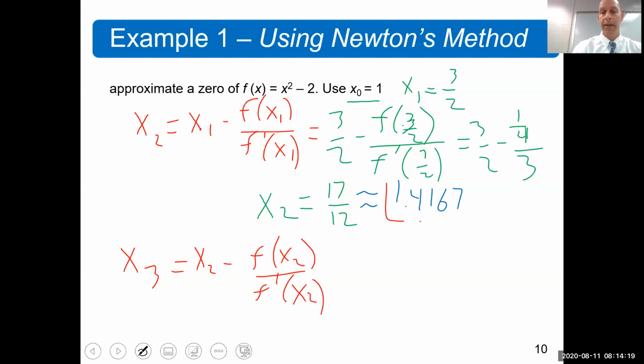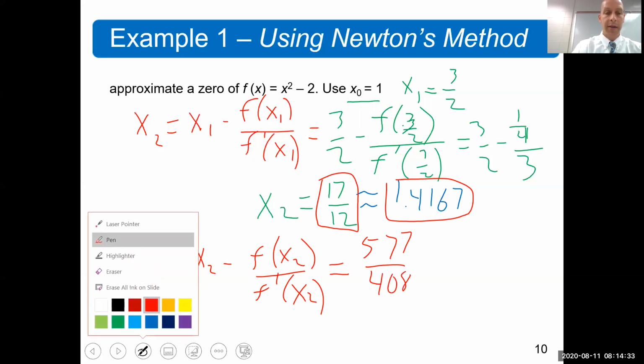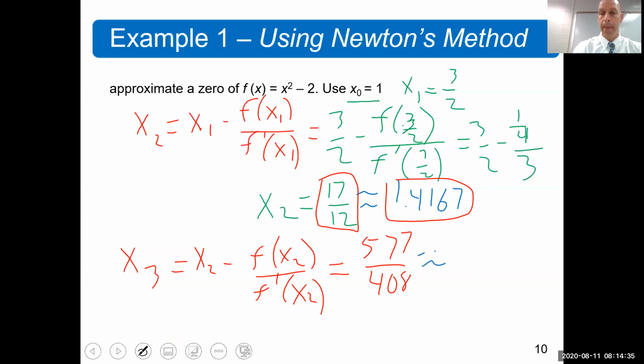And by the way, I would use the fraction form of x sub 2. I'm just going to tell you that when you calculate this one, it turns out to be 577 over 408, which is approximately 1.4142.